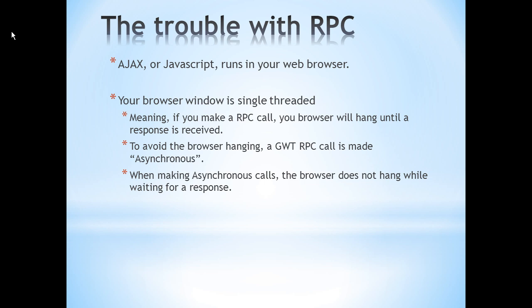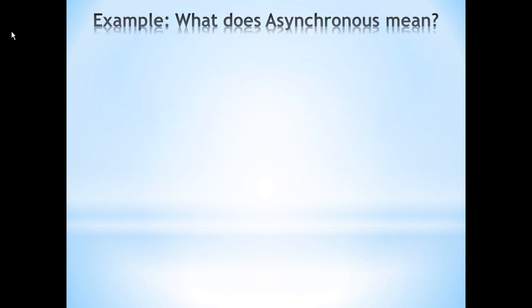Basically, we make a call for data, and my browser remains responsive until a response is received. As a matter of fact, I can even continue to do other things if it takes the server a while to respond to me with the necessary data. So, as I mentioned, what does this term asynchronous mean? Well, let me explain with a simple example.